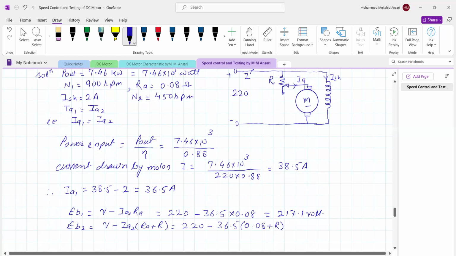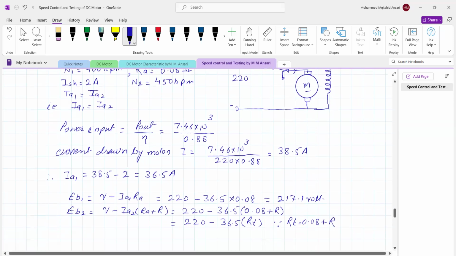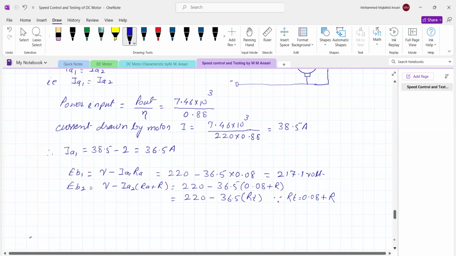As we do not know the second case, we will keep it as it is, or we will put the value 220 minus 36.5 and say the total resistance is RT, where RT is equal to the armature resistance 0.08 plus the external resistance to be inserted to obtain the required speed.